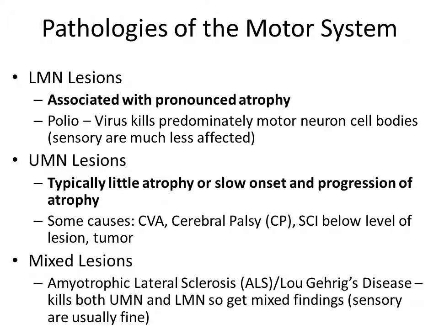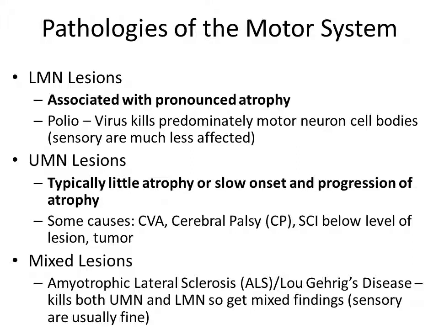Some causes of upper motor neuron lesions include strokes or cerebral vascular accidents, cerebral palsy, spinal cord injuries that are going to affect that lateral corticospinal tract. That will affect everything below the level of the injury, and tumors.